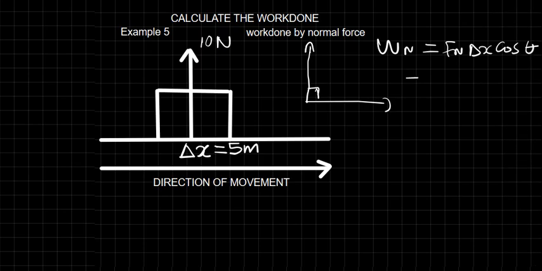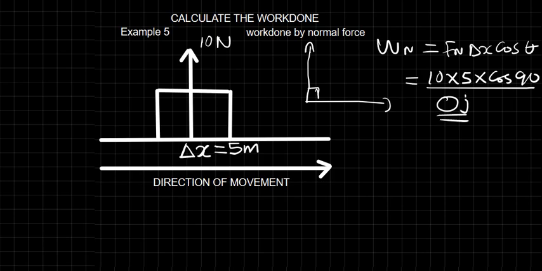So the normal force, which is 10, multiplied by 5 and multiplied by cos 90. Because of cos 90, everything is 0. So 0 joules. So when the angle between the force and the direction of motion or the displacement is 90 degrees, no work is done.